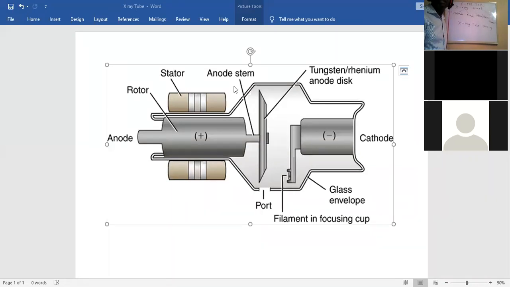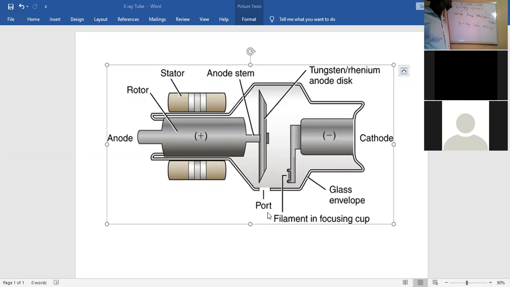The whole of this is enclosed in a lead shielding, because we wouldn't want the X-rays, which are produced and scattered in all manner, some even backscattered, some moving up, to go to so many places. So we have lead shield around this area that encloses the whole compartment, so that no photon escapes except the one we want to escape from this spot.